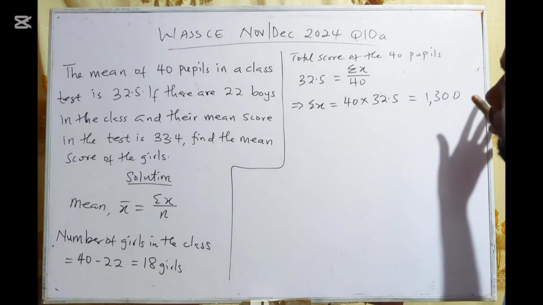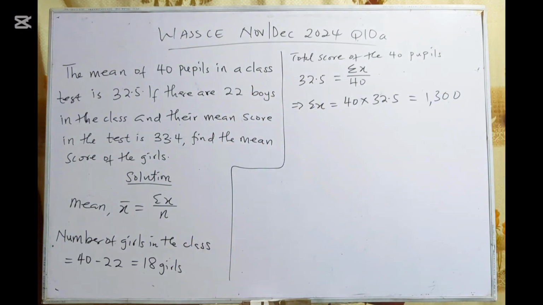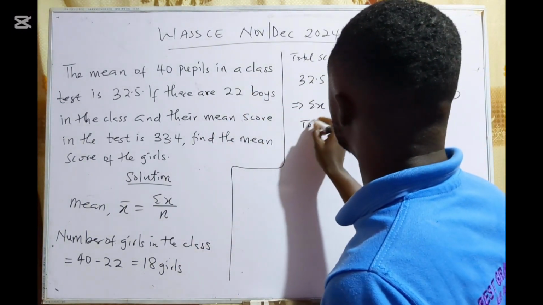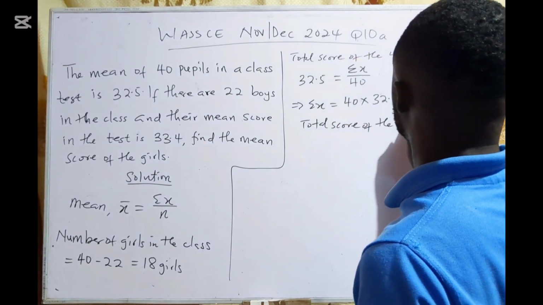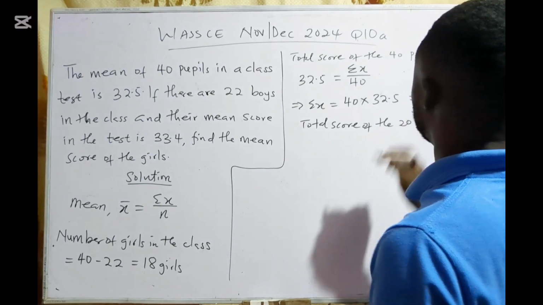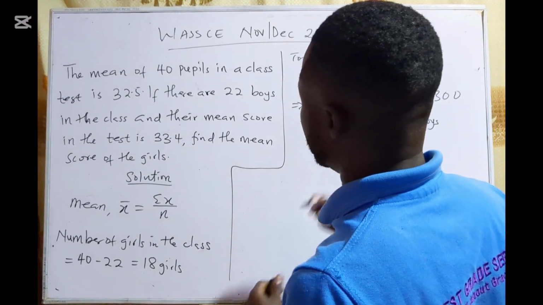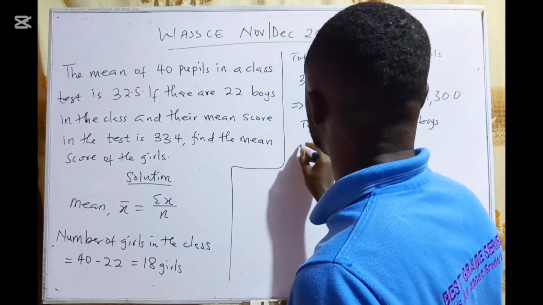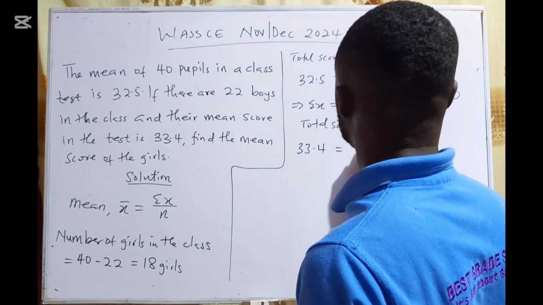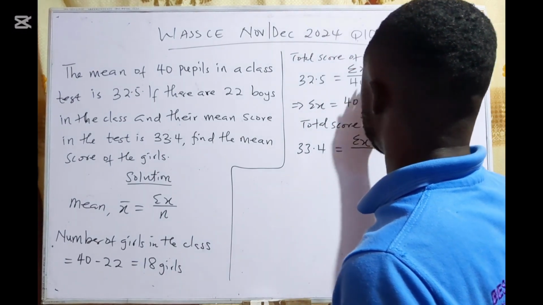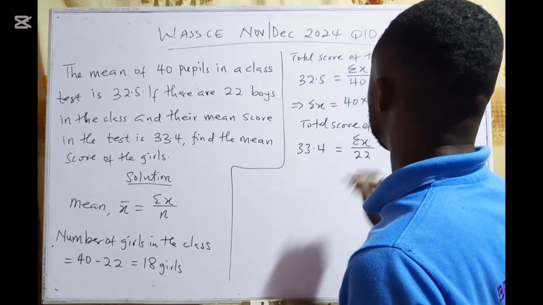Now let's find the total score of the 22 boys. So what is the mean of the 22 boys? That is 33.4. That will be equal to the summation of their scores divided by 22.